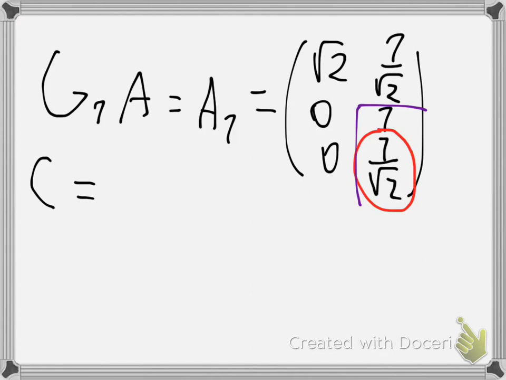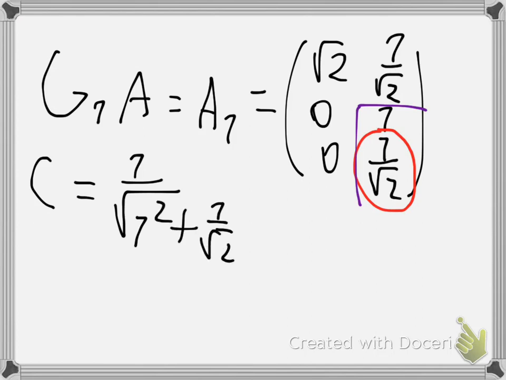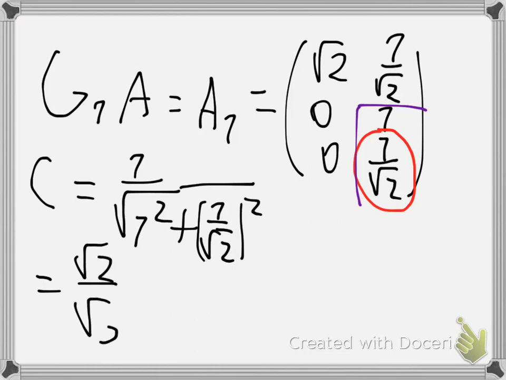So it will be 1 over the square root of 1 squared plus 1 over square root of 2 squared. This will give us 1 plus the square root of 3/2. So the 2 comes on the top, so we get square root of 2, square root of 3.